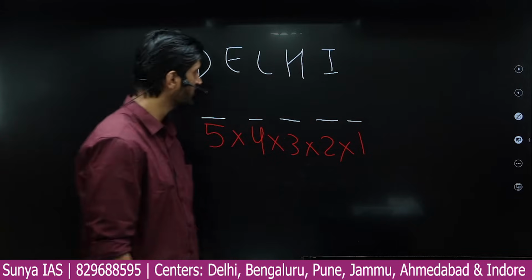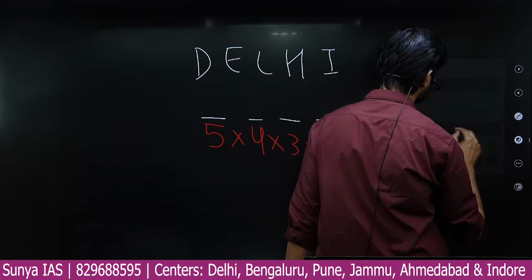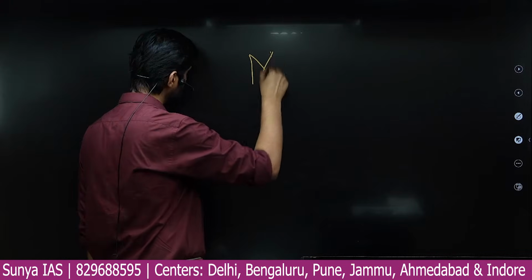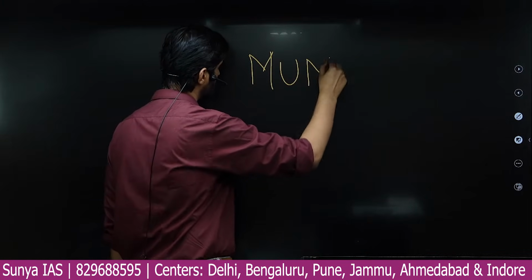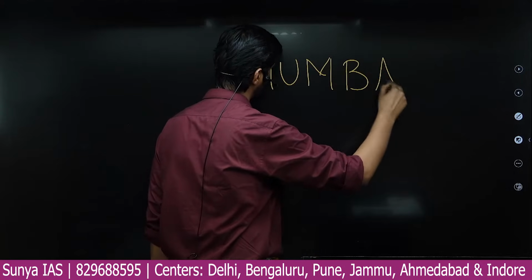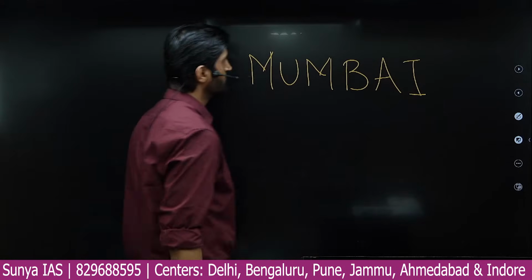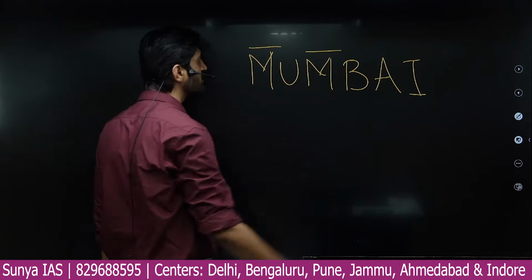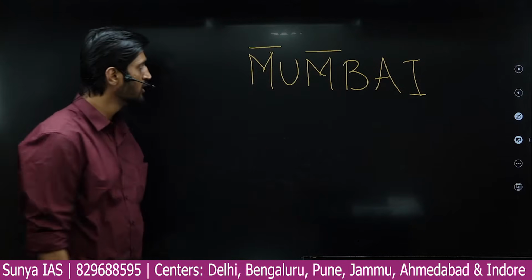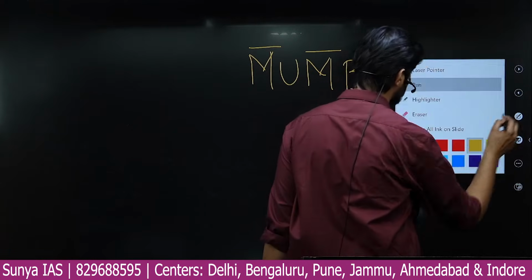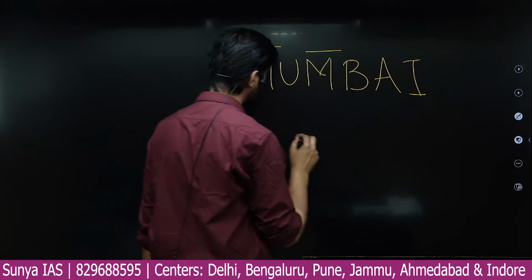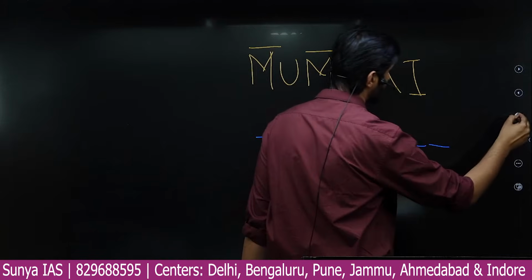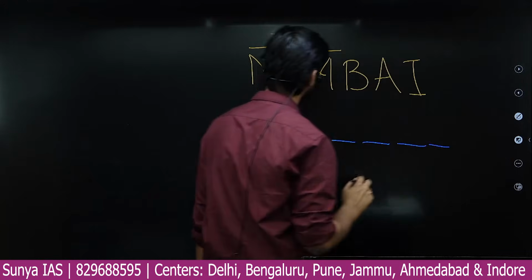Now let us, instead of Delhi, take the example of Mumbai. Here you can see M and M are repeated 2 times. So what are the different ways which are possible if you want to create 6-lettered words?